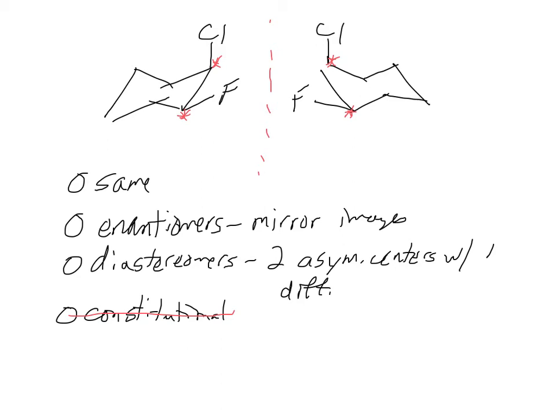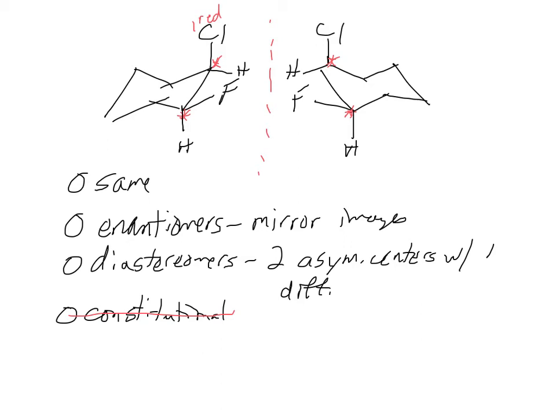I'm going to draw in the H's to help us. So let's rank these. So let's go to this one. That carbon, what's the highest rank thing? Cl. So we'll call that red.